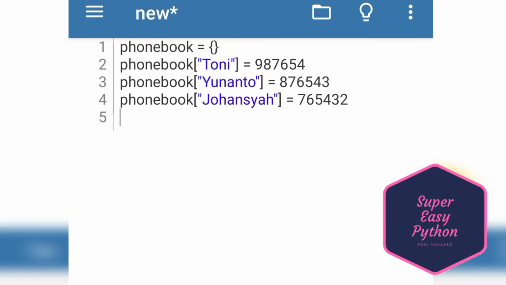And in the last, I try to declare the command of print in order to call out the overall phone number. Bracket, and then phone book. So later, the overall phone book, along with the number, it can be printed.